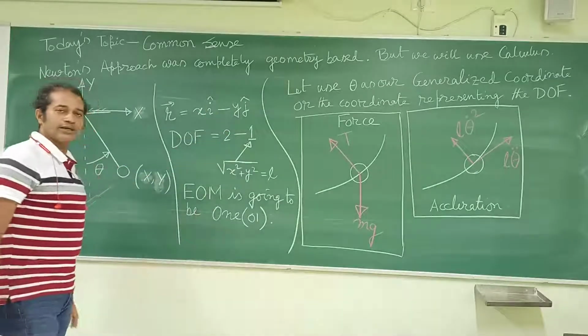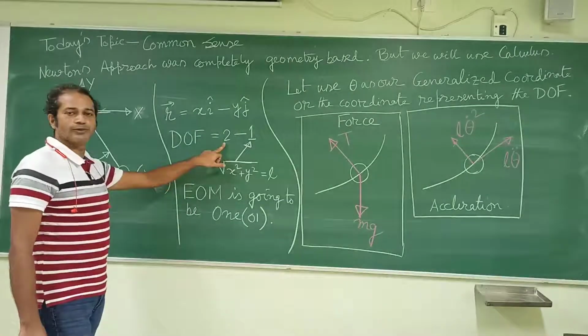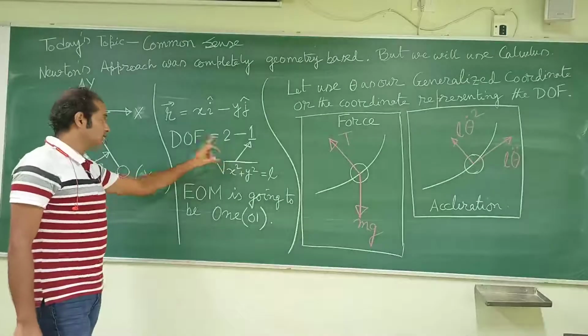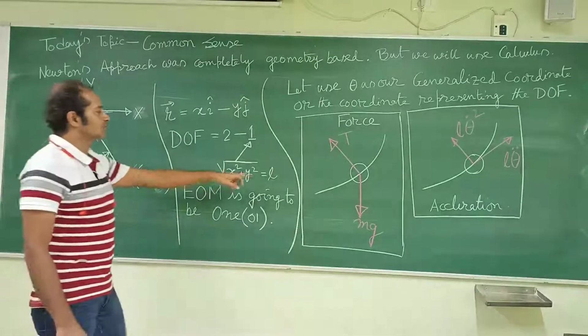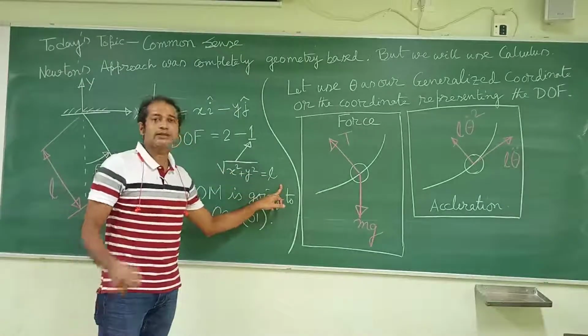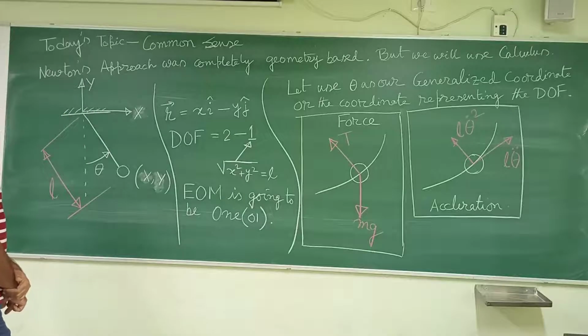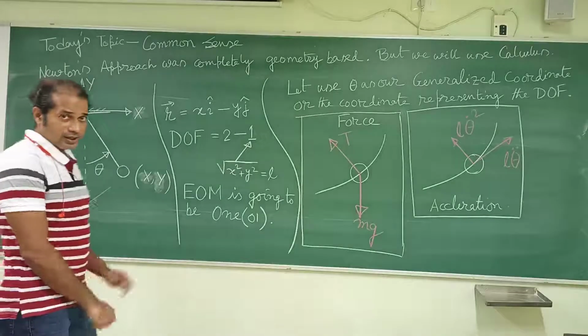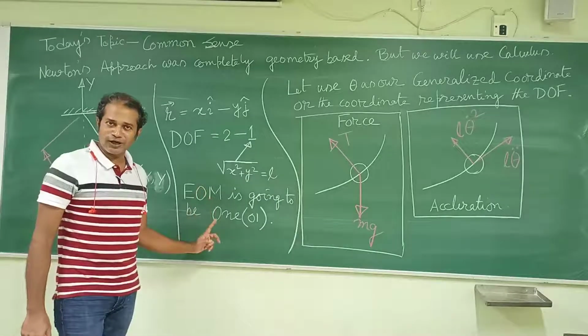Now let us calculate the degrees of freedom. As we have chosen x and y, I am going to take 2, and there exists one constraint, and that constraint is that the square root of x squared plus y squared is going to be the length of the string. So the equation of motion is going to be 1, as the degrees of freedom is 1.